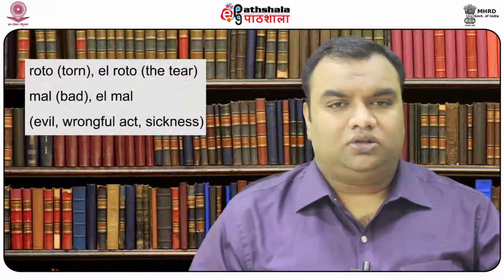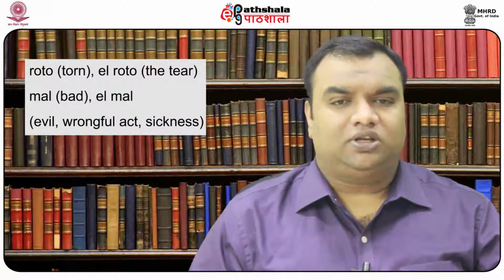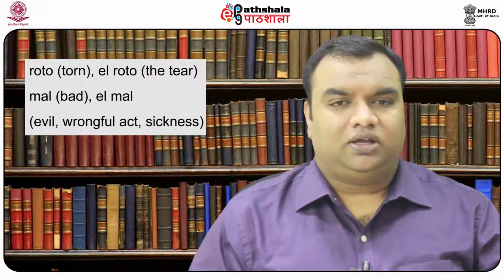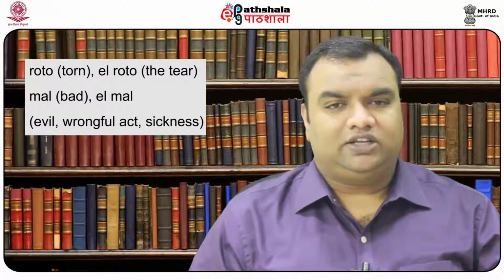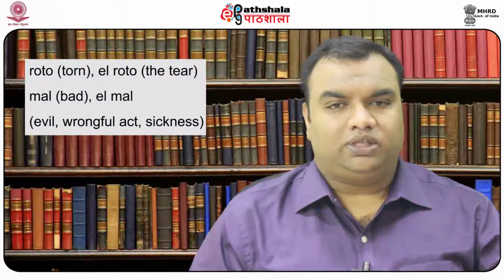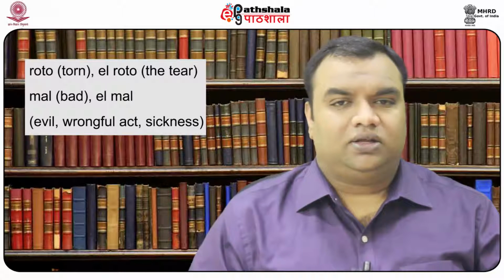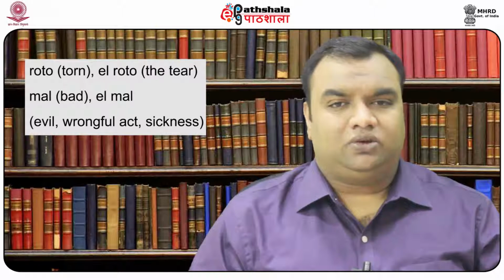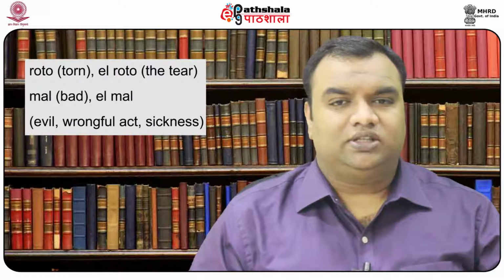Sometimes nouns made from adjectives take on meanings of their own, at least in certain contexts. Roto, which is the participle of the verb romper and also as an adjective means torn, but when added with the article el, it becomes el roto, which means the tear.